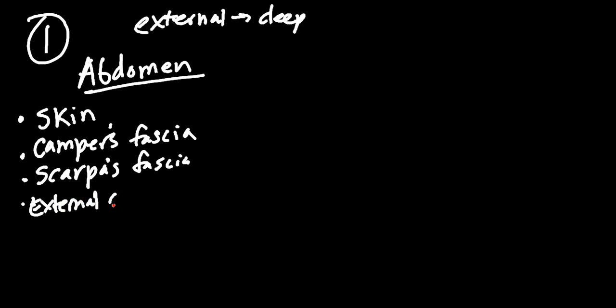Your external oblique. Now your external oblique will have a muscular layer and an aponeurotic layer, so the aponeurosis is going to be more of a fascial layer, while the external oblique muscle will be the muscular layer. One thing of note is that it's going to form the superficial external ring.